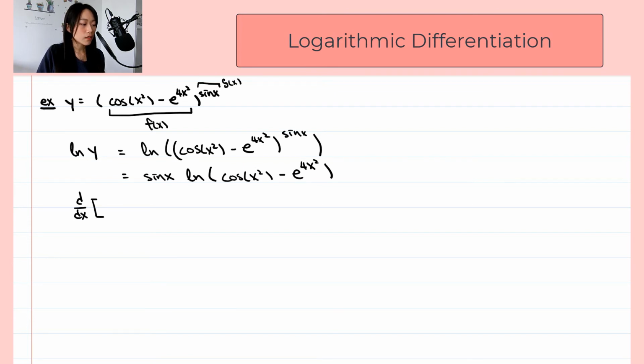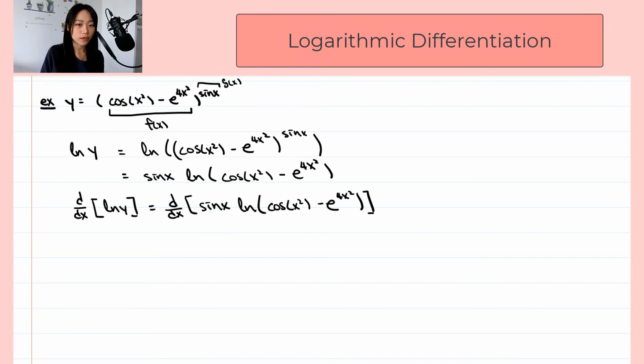So the left-hand side is derivative of ln of y, and the right-hand side is d over dx of sine of x times ln of cosine of x squared minus e to the power of 4x squared. The left-hand side, ln of y, and its derivative we have to use the chain rule since y is a function of x. So the left-hand side is 1 over y times y prime.